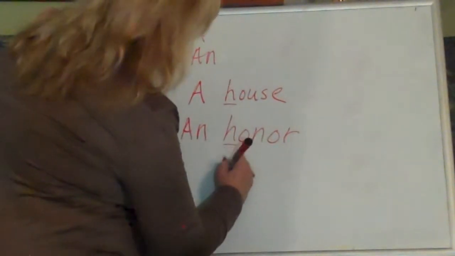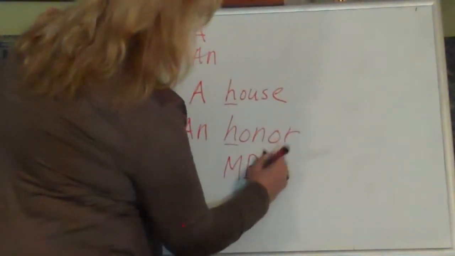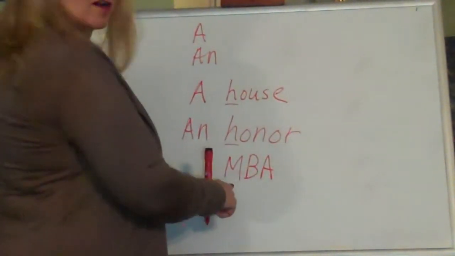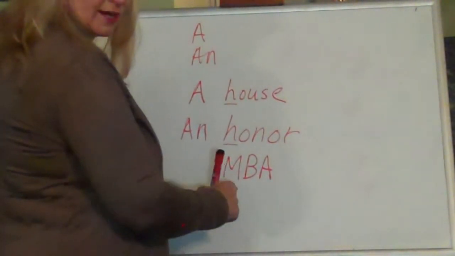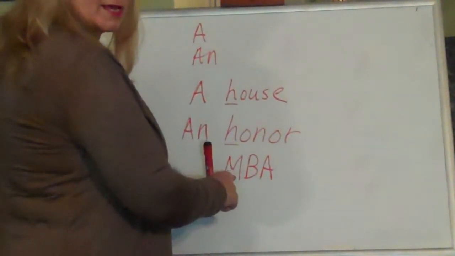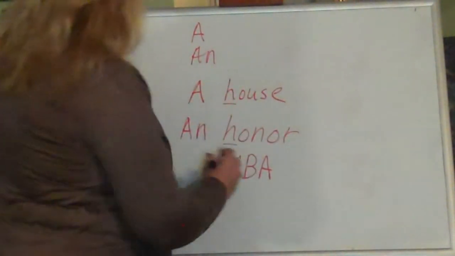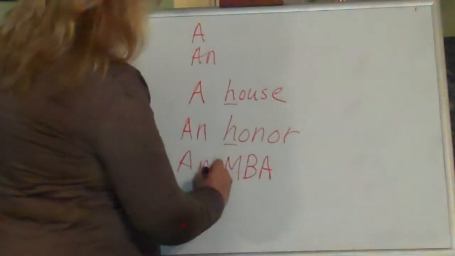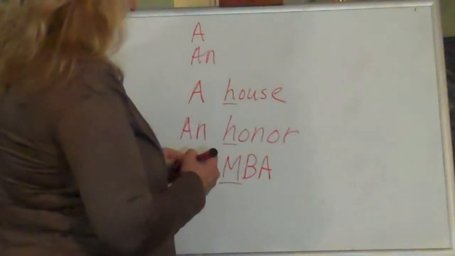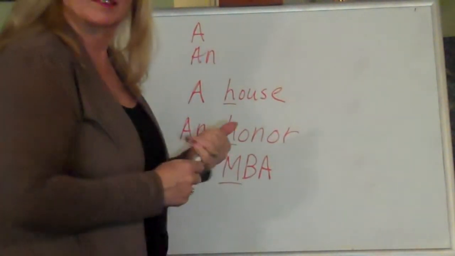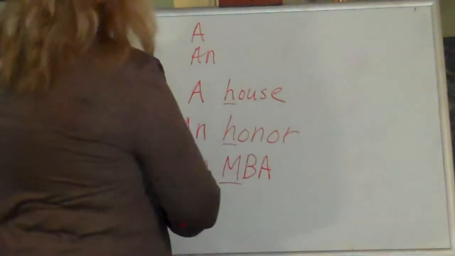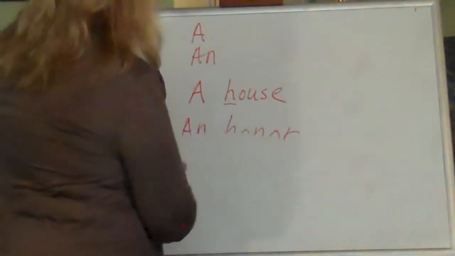Likewise, let's say you have MBA, which is an abbreviation. Again, that's a consonant, right? But listen to what it sounds like: an MBA. You can hear that vowel sound right there. So that's all you need to think about with that. Not too bad, and it just takes practice to know how to use it.